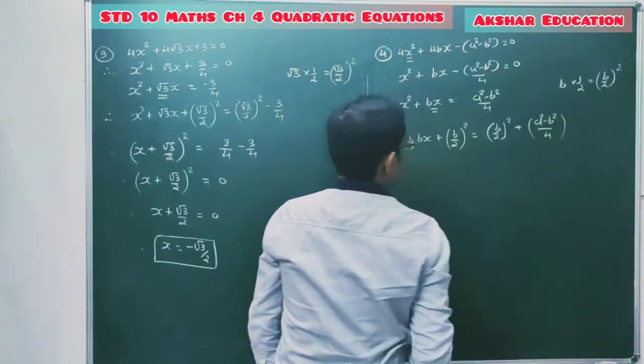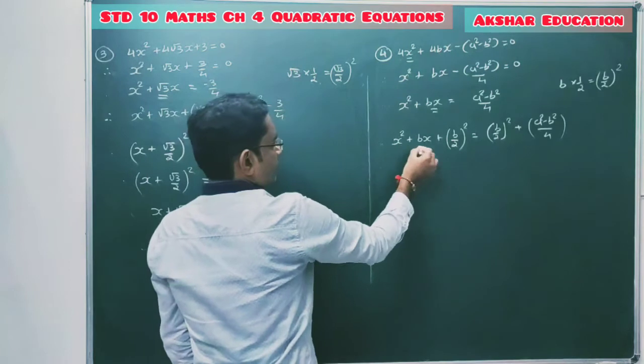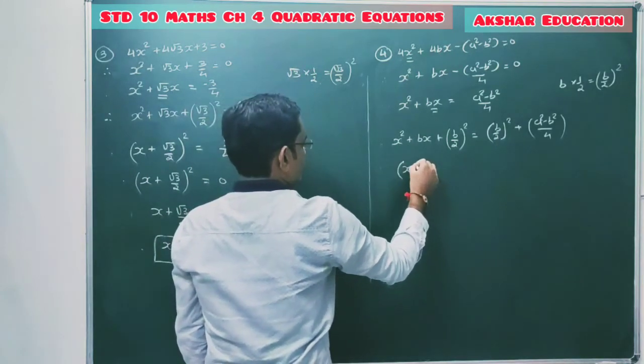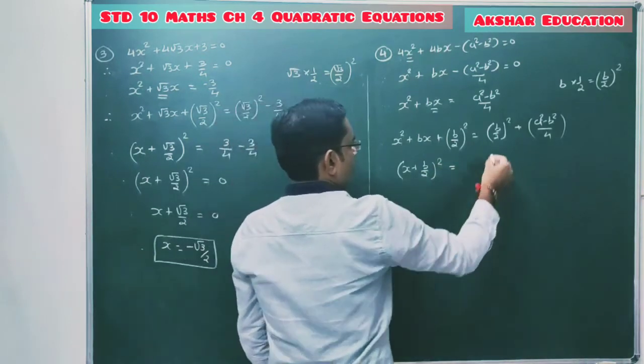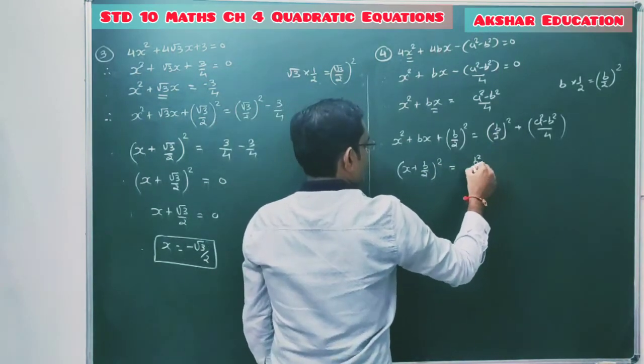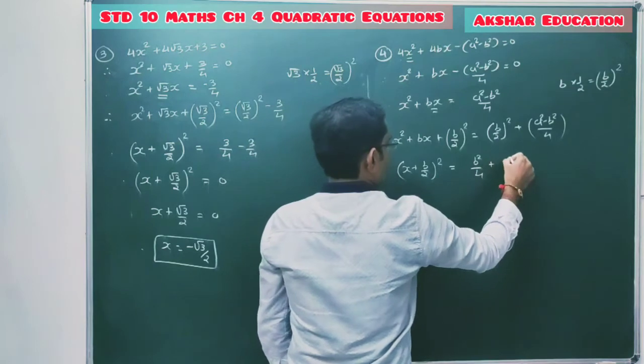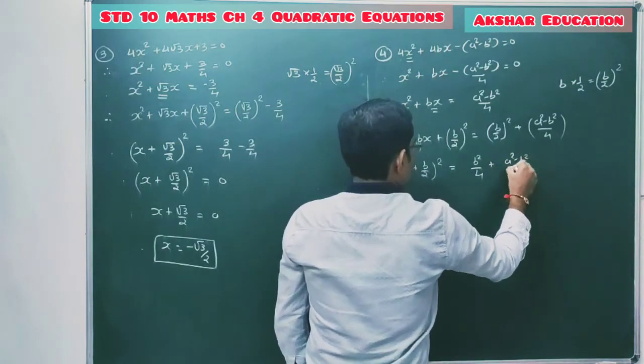This is one term, x plus b by 2 whole square, and this is equal to b square by 4 plus (a square minus b square) by 4.